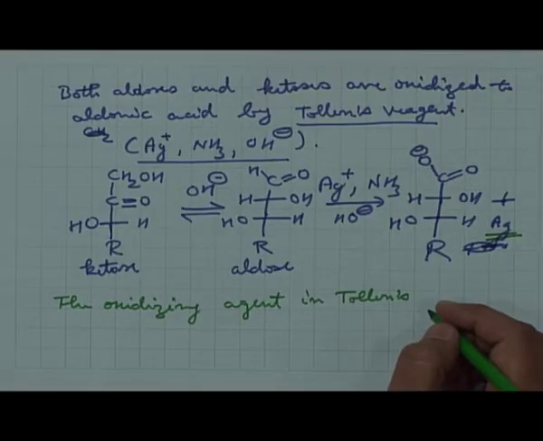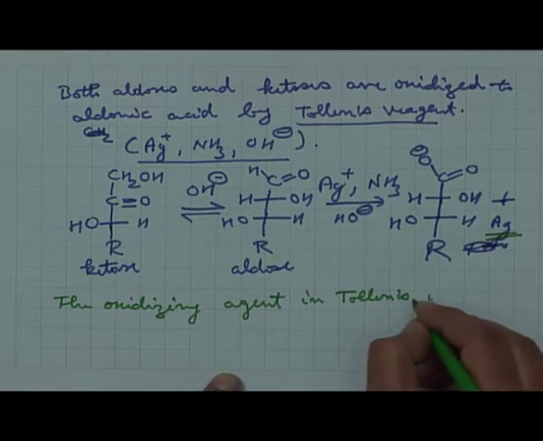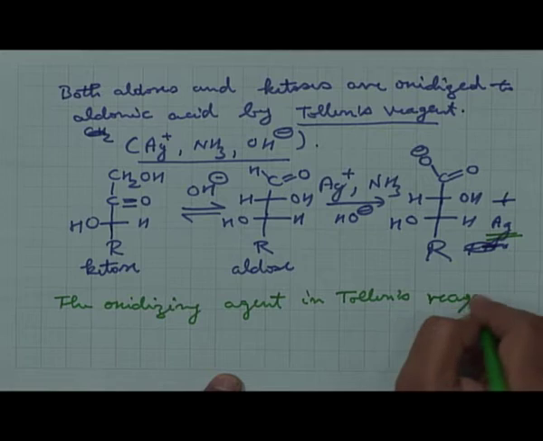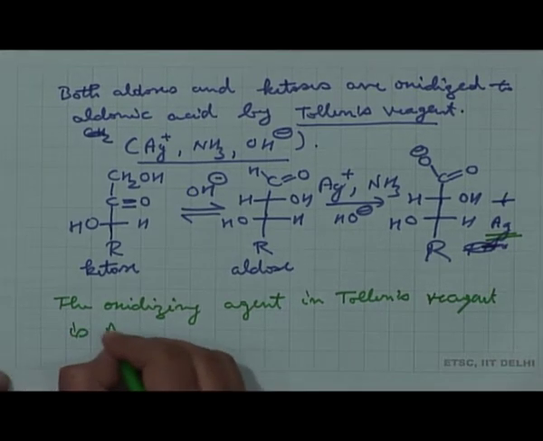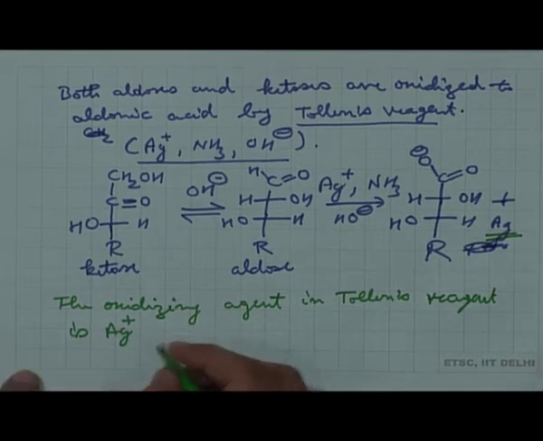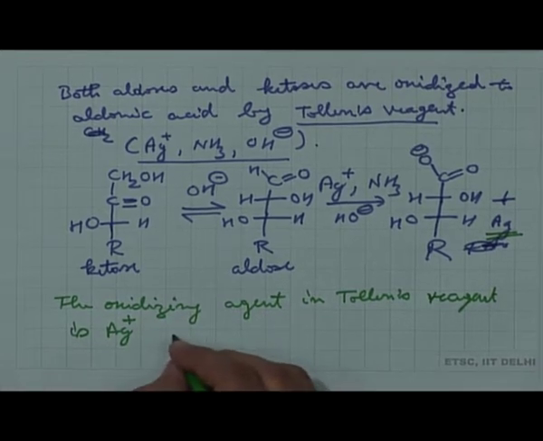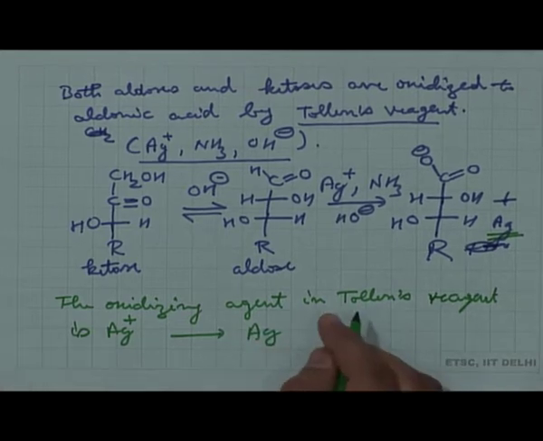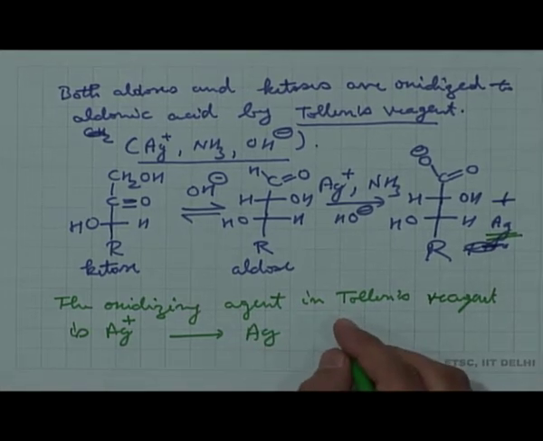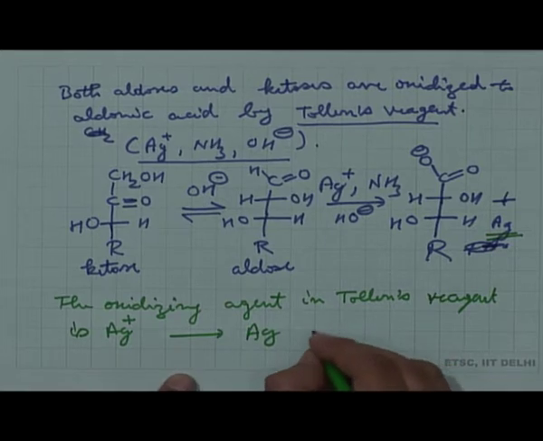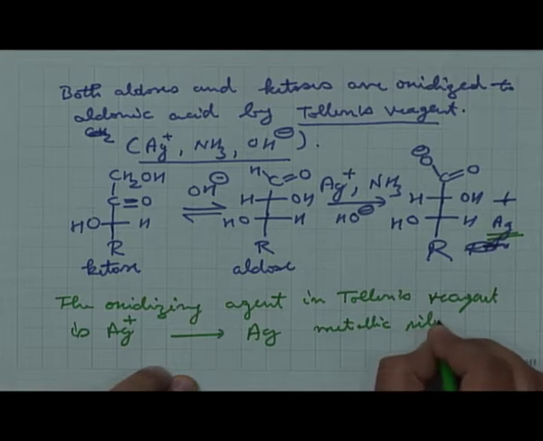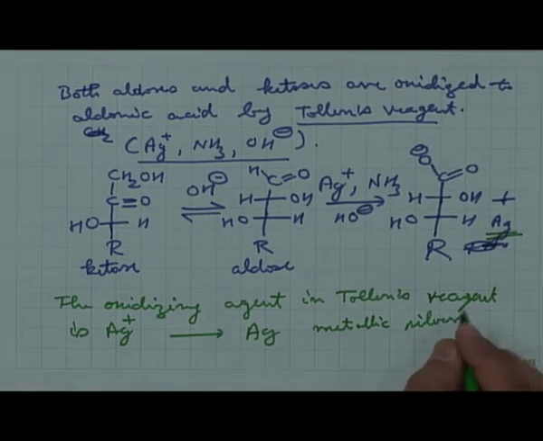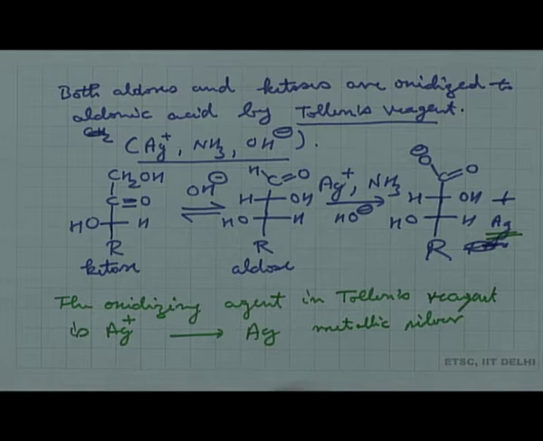So, the oxidizing agent in Tollens reagent is silver plus. It gets reduced to metallic silver, which gets deposited on the test tube wall.